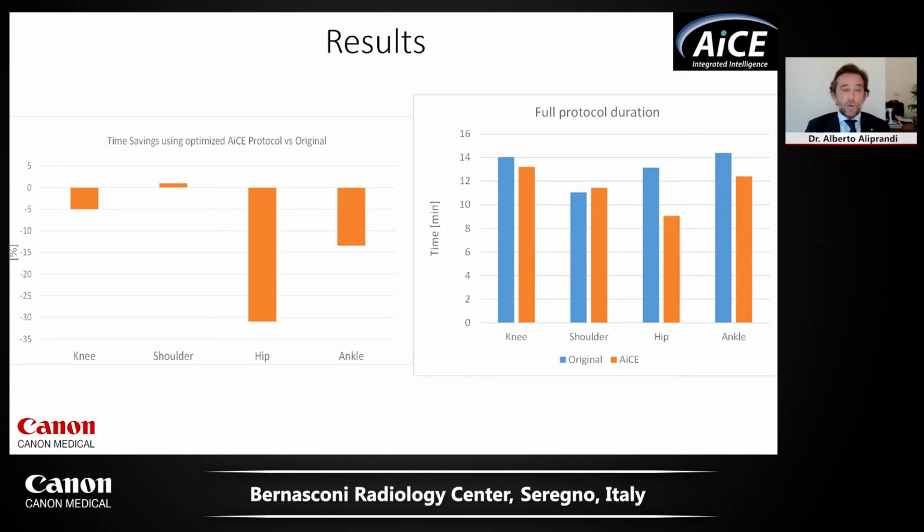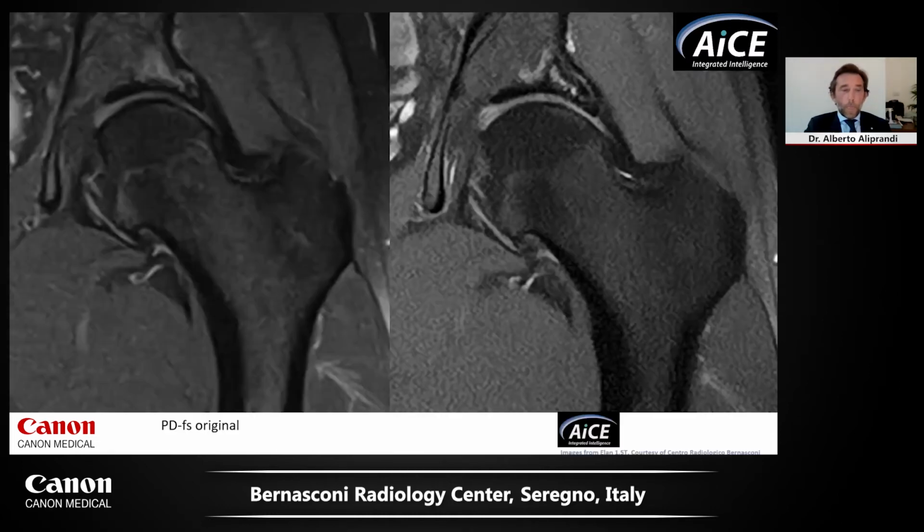So AiCE needs to compensate for the lower SNR because of the higher scan speed and for the reduced SNR because of the higher resolution. That means two factors were changed. So we calculated the loss in SNR because of the voxel size difference and corrected with that information the scan duration that should have been used for the original scan. This is shown in the graph on the right-hand side.